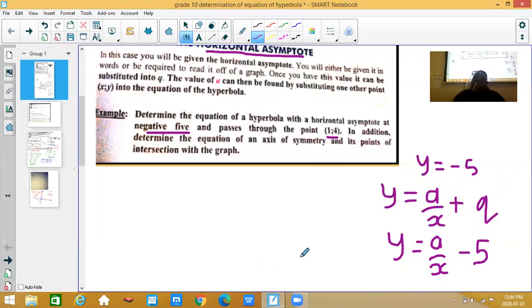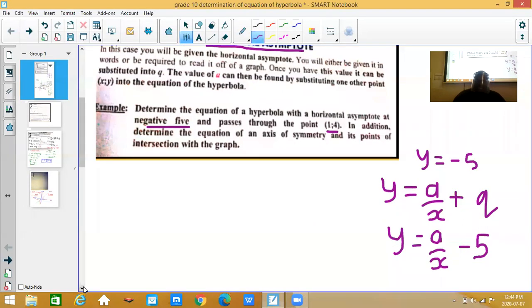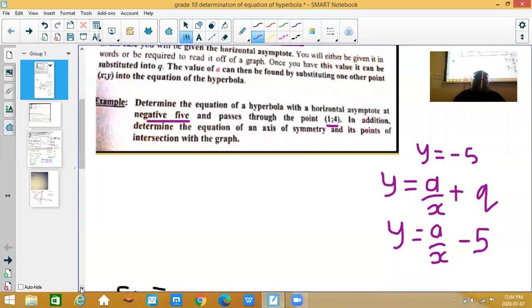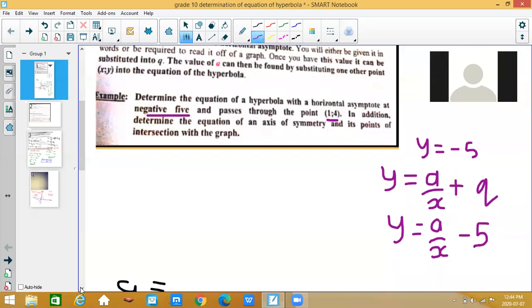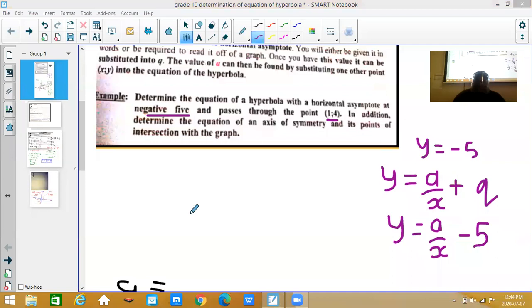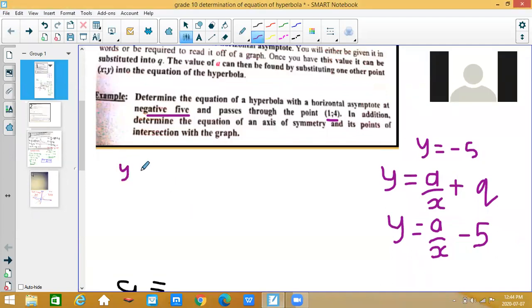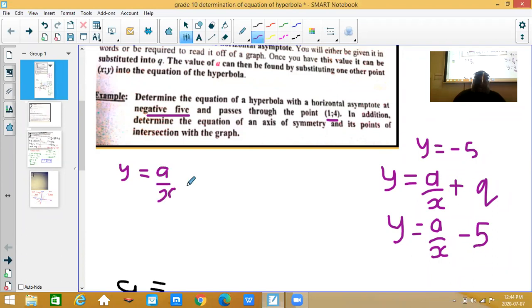Right. With this in mind, because our intention is finding the equation of the hyperbola, we are saying y is equal to a over x minus 5.